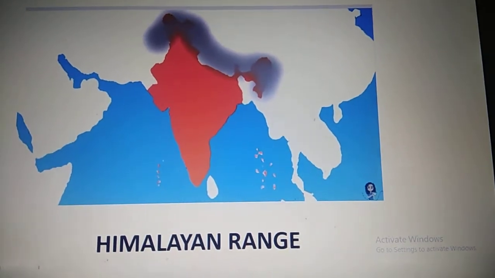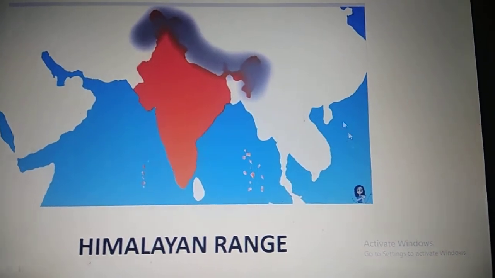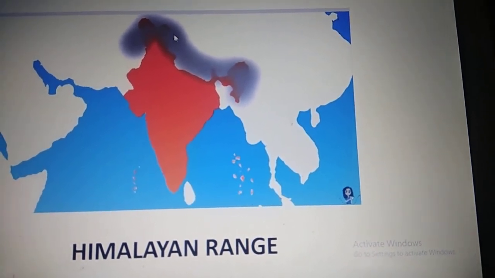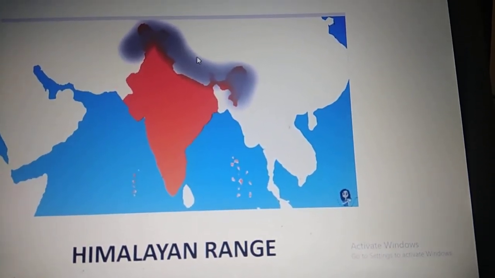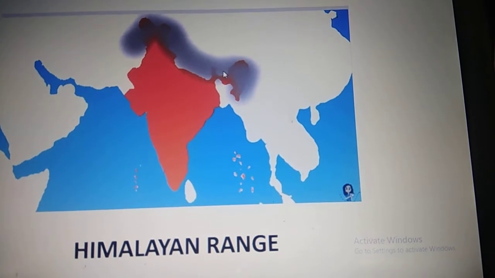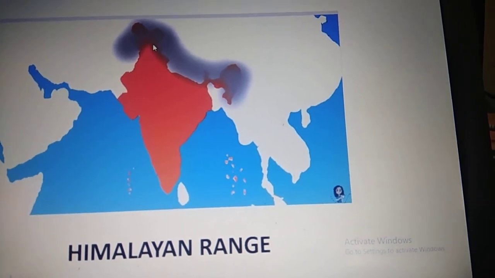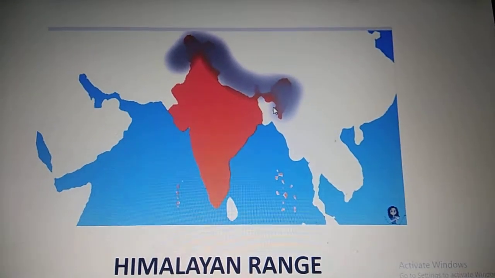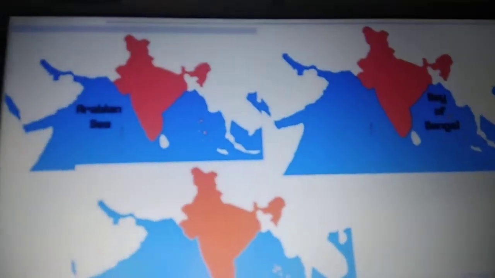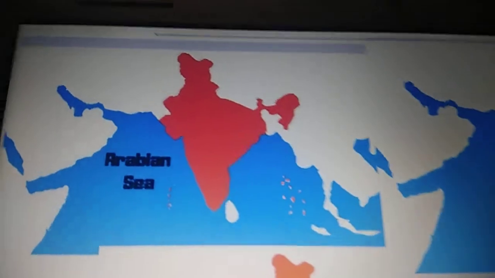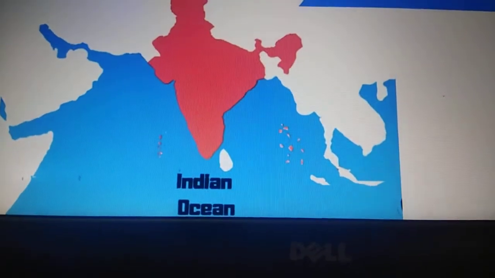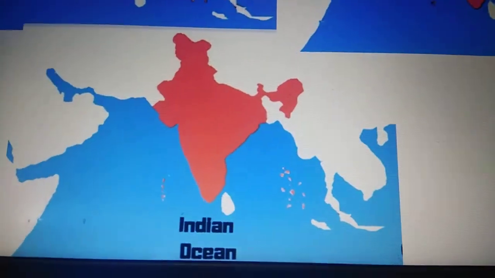And children, you can see here in the north, northwest and northeast of India, we have this mountain range. They are young fold mountains, the Himalayan range. On the west we have the Arabian Sea, in the east the Bay of Bengal, and down below in the south the Indian Ocean.